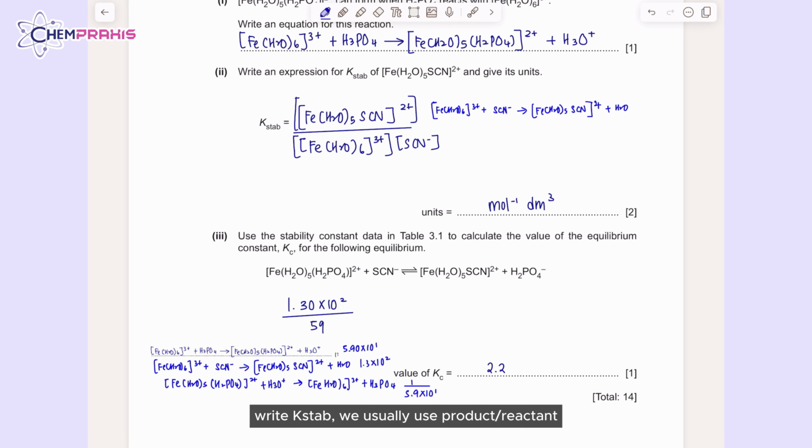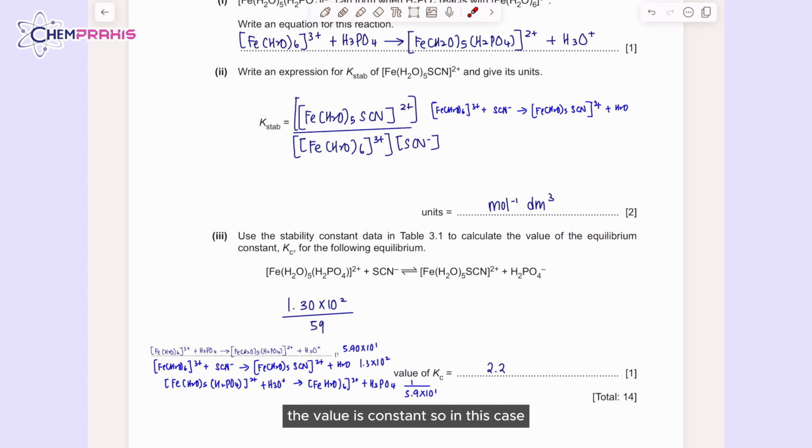So when we write Kstep, we usually use product over reactant. This is the product and this is the reactant. Don't forget to have a bracket that closes the charge as well because this is the concentration bracket. And we usually don't include water because water, the value is constant.